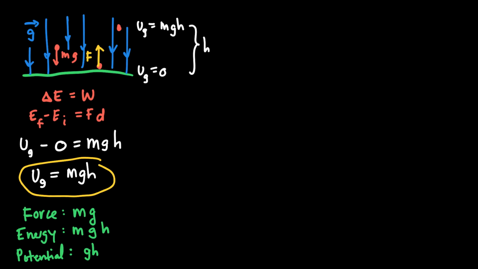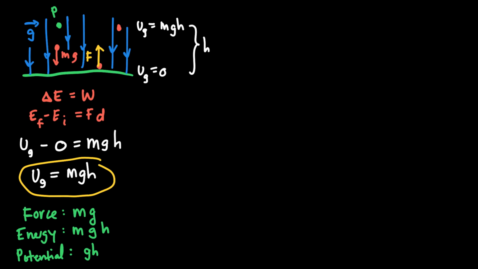In my picture above, at a particular point P, if I know the strength of that uniform gravitational field and how high up the point P is above the surface, then for any mass m, I can tell you what the gravitational potential energy will be at that point. From that perspective, the gravitational potential is important because for any mass m, I can tell you what the energy will be.